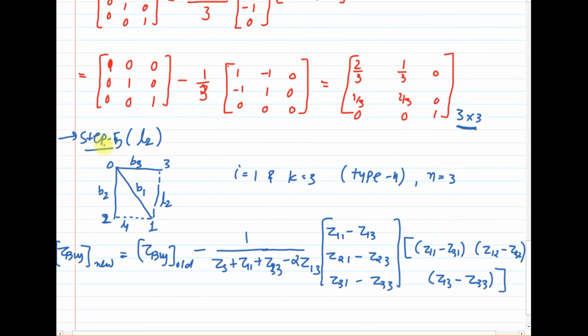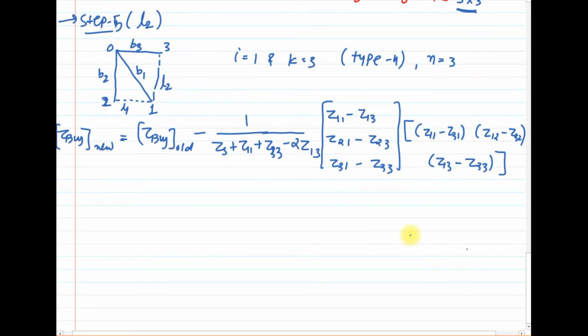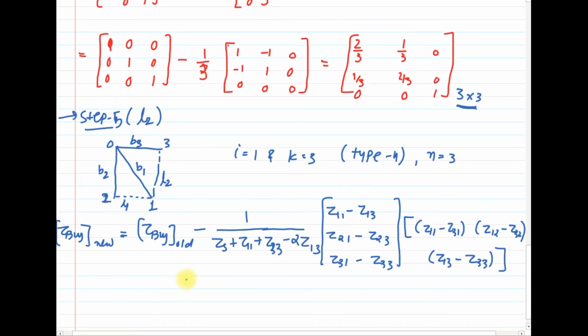Okay, just substitute the values which you have derived in your previous modification. That means for step 5, step 4 is your previous modification. So using that previous modification matrix, I will write ZBus old is equal to 2 by 3, 1 by 3, 0; 1 by 3, 2 by 3, 0; 0, 0, and 1.